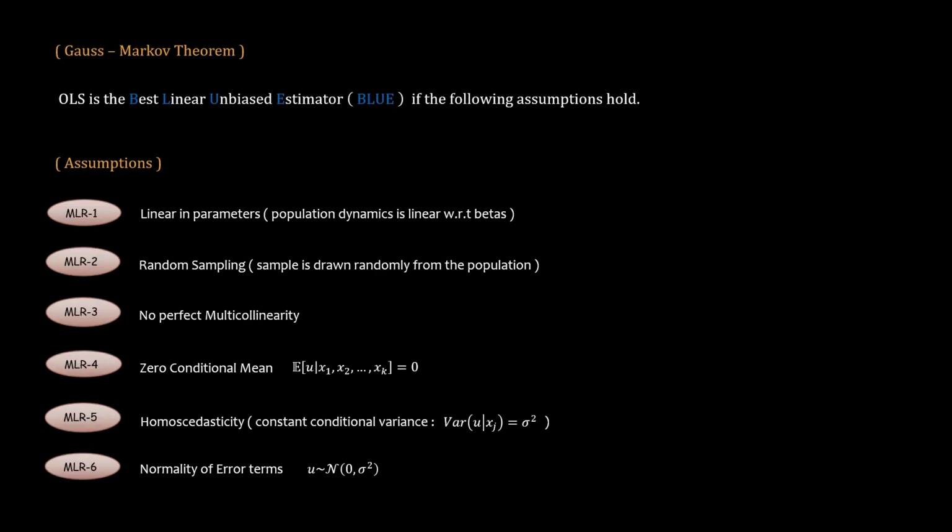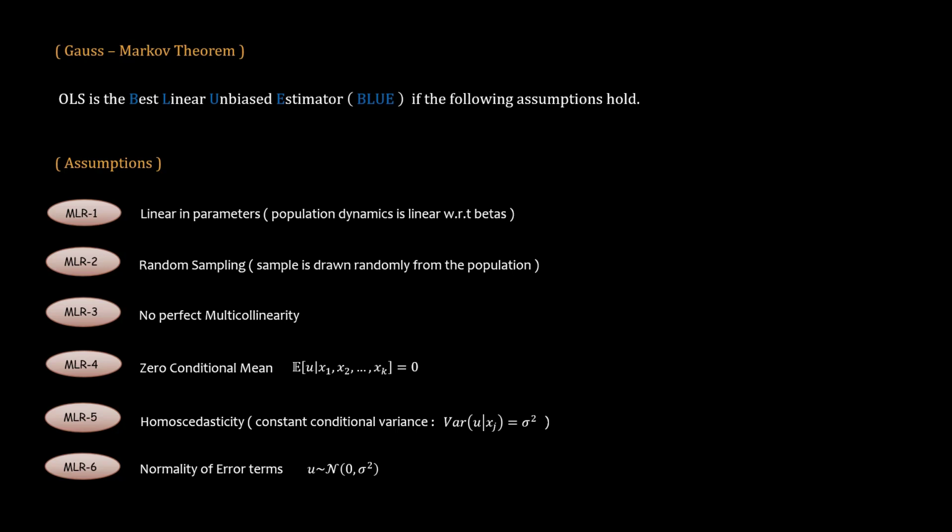The assumptions are more or less the same as in case of the simple linear regression, but there are a few changes. So let's talk about the changes. Assumption 3 is no perfect multicollinearity. We just spoke about this. We know that if a regressor is a perfect linear combination of one or more other regressors, then OLS blows up.